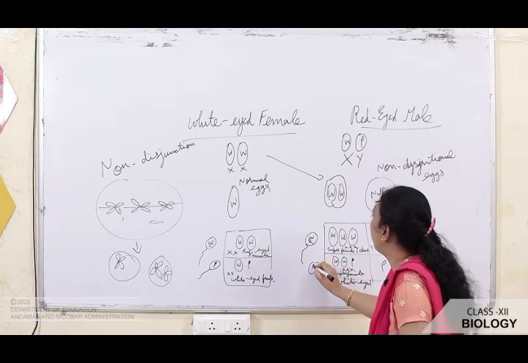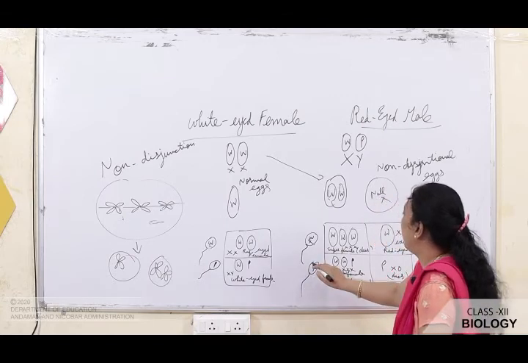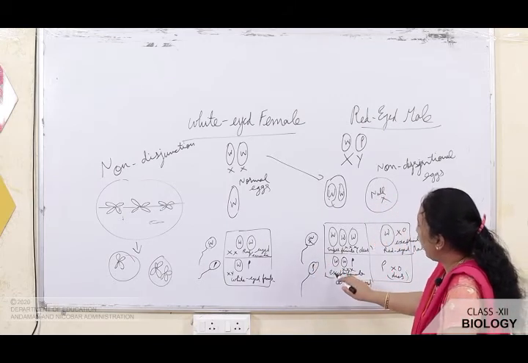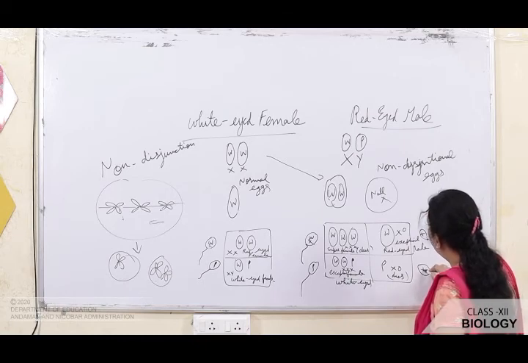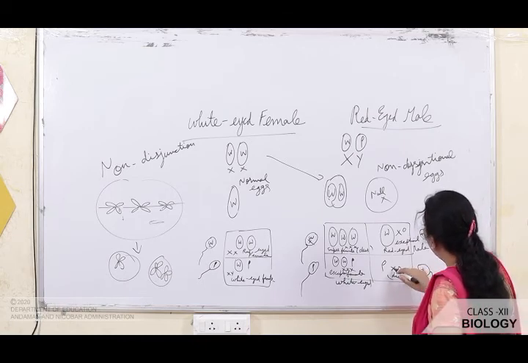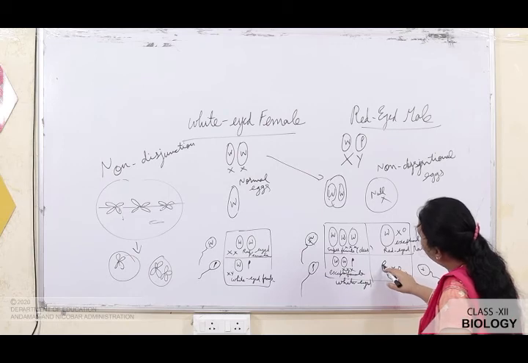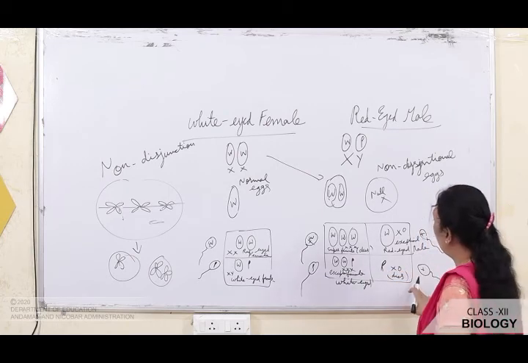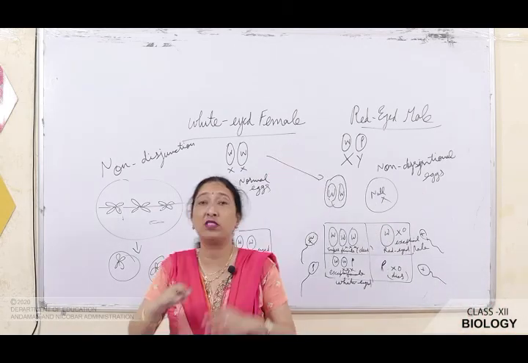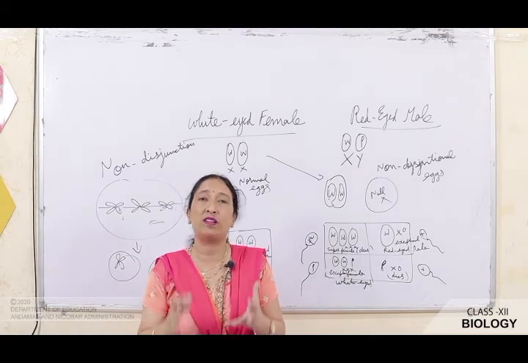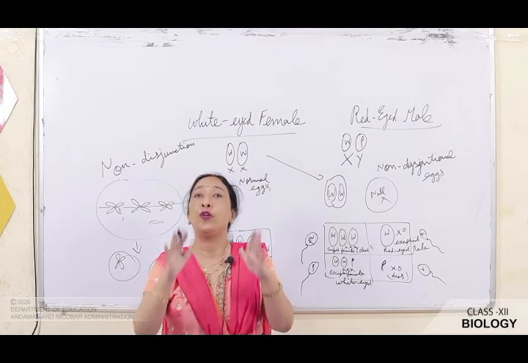Here, suppose the Y chromosome sperm of the Drosophila goes, it is XXY, an exceptional female which is white-eyed. And here, if this goes, it is null and devoid of X, so it dies. So this is non-disjunction of chromosomes, just to make you understand linkage and recombination.